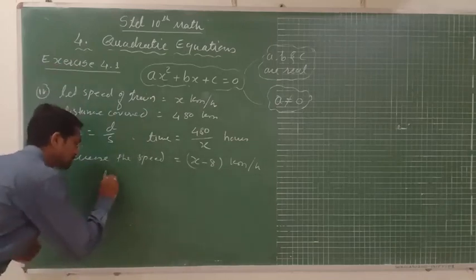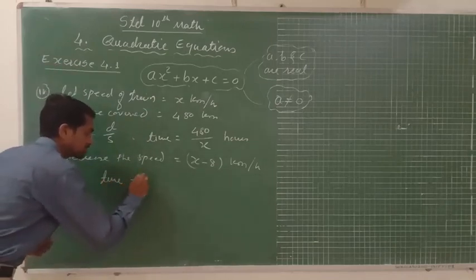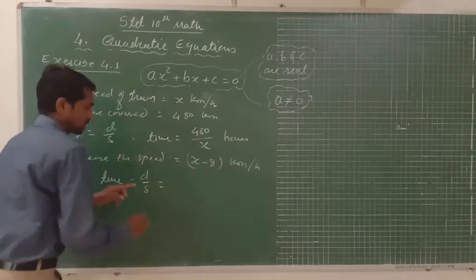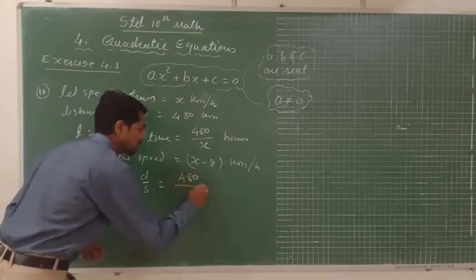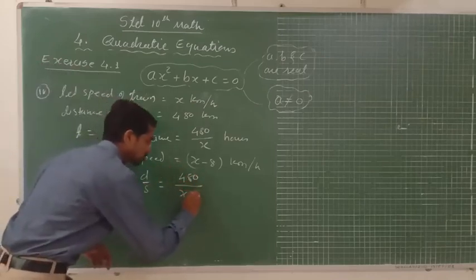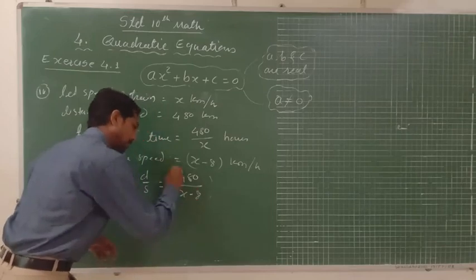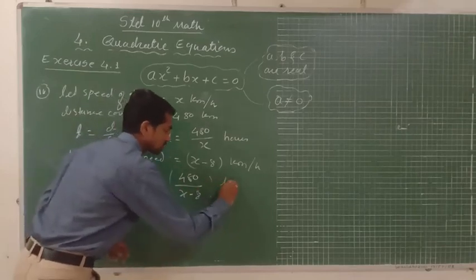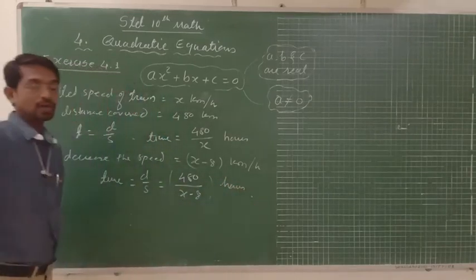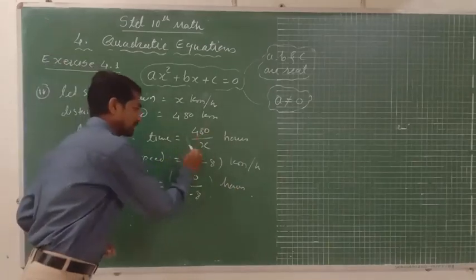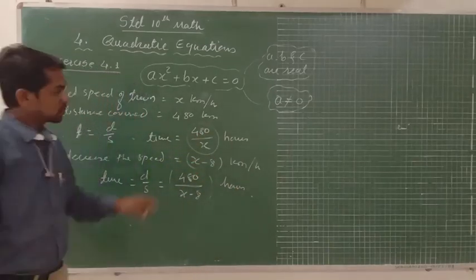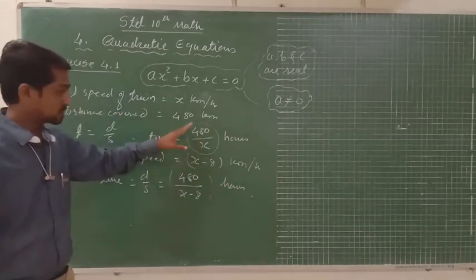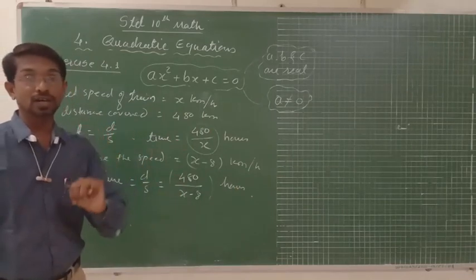So what time is required for this one? Again time is equal to distance by speed. The distance is the same, 480 kilometer, and the speed is x minus 8, so 480 by x minus 8 hours. Now these are both the times. The time difference is given as 3 hours.